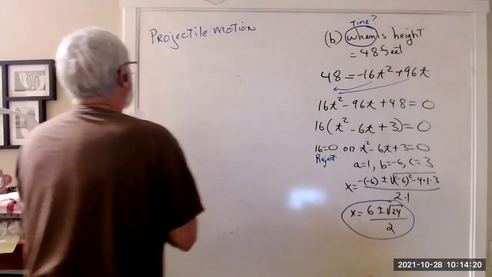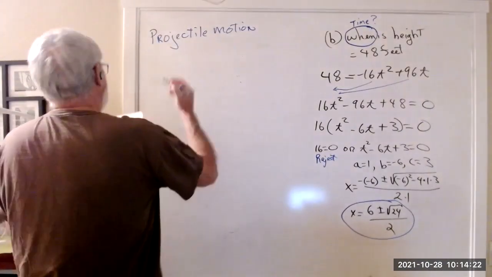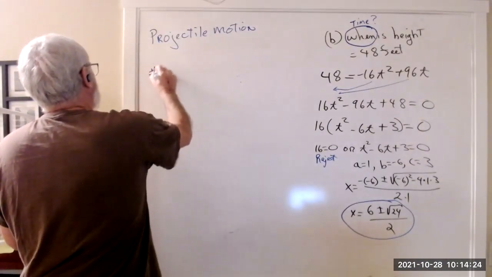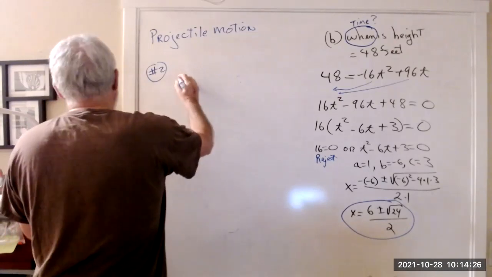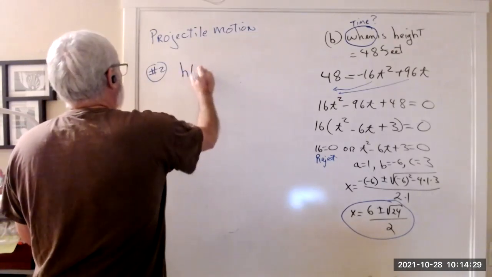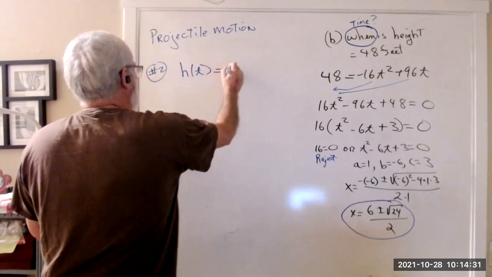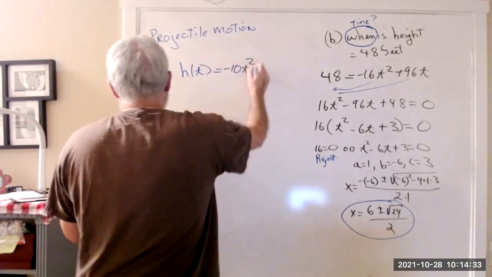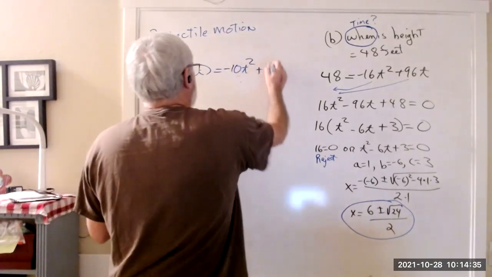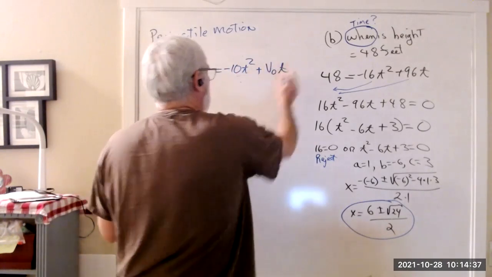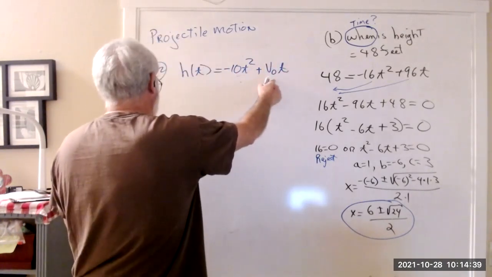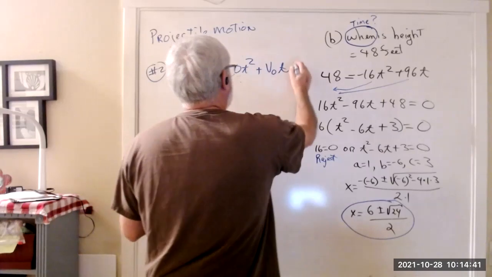Blah, blah, blah. Number 2, I gave you part of the formula. I said h of t is negative 10 t squared plus v naught t, remember v sub 0 is v naught, t, plus h naught.